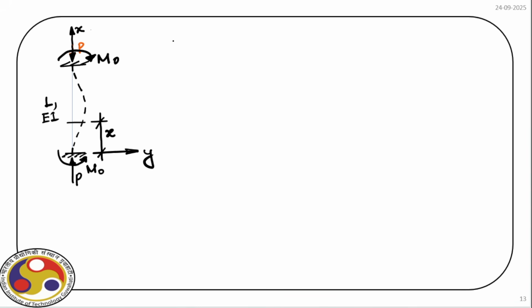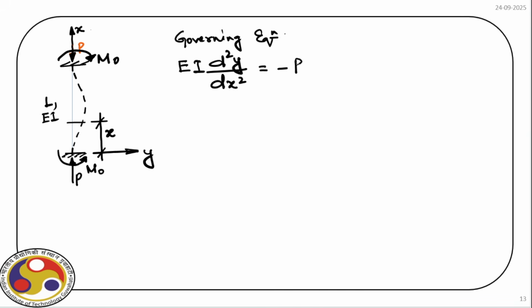Now for this setup we can write down the governing equation, and the governing equation is EI d2y dx2 is equal to minus Py plus m0.